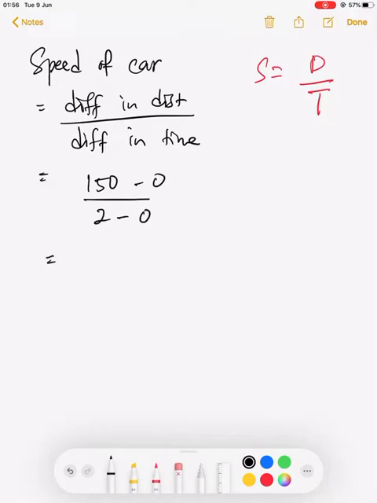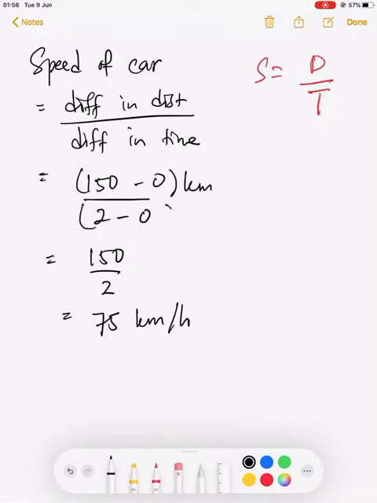So we have 150 over 2 equals 75. The unit is kilometer per hour, of course. Why kilometer per hour? Because our distance here is in kilometer and our time here is in hour. So we have 75 kilometer per hour for the car.